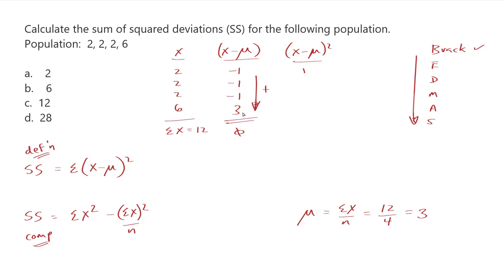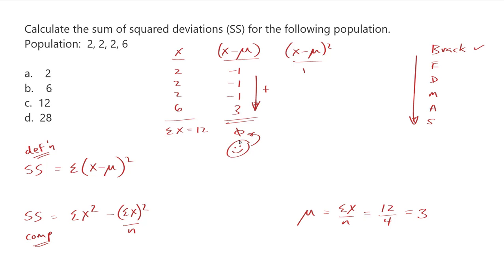This column here, your deviations: when you sum up your deviations, you will always get 0 if things are going well with your calculations. So using the definitional formula takes a little bit longer, but it does give you the ability, right here with your very first set of calculations, to check and see whether or not you're getting 0.